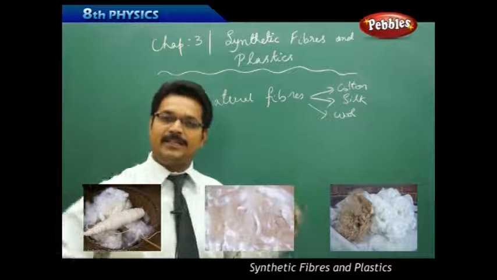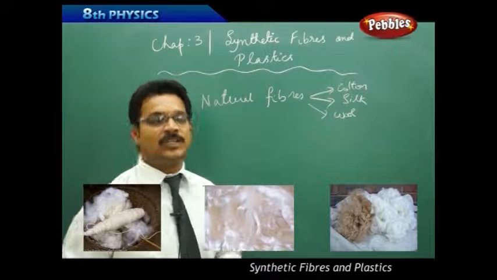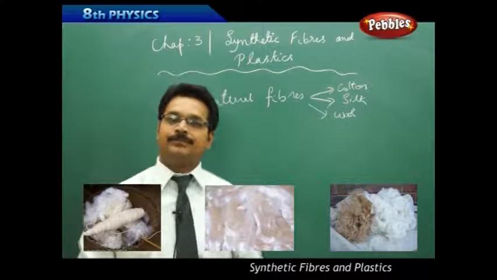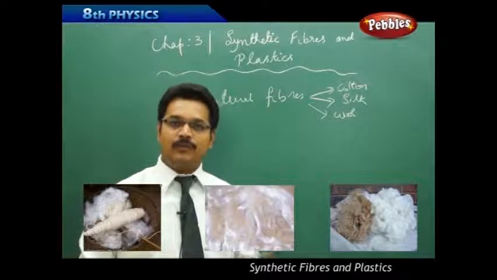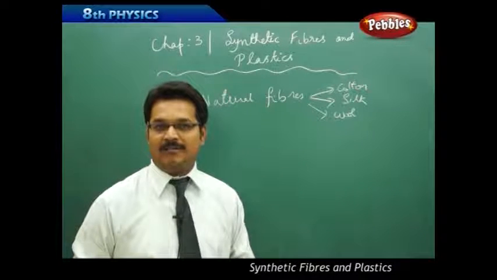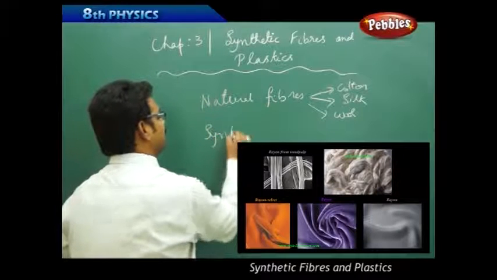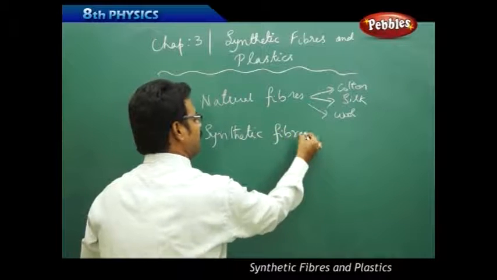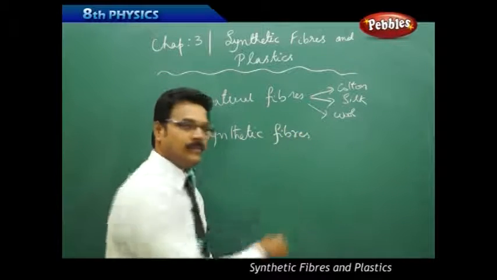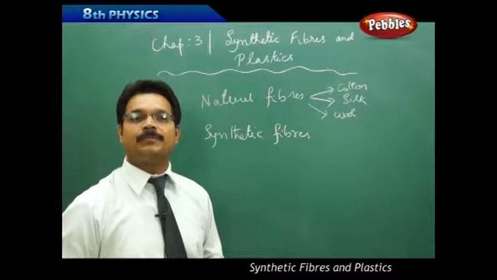Because they come either from plants or from animals. Thus these are called natural fibers. But you have another type also, that we can say artificial fiber, but it has another name, and that name is synthetic fiber. And this is the category of discussion in today's class.